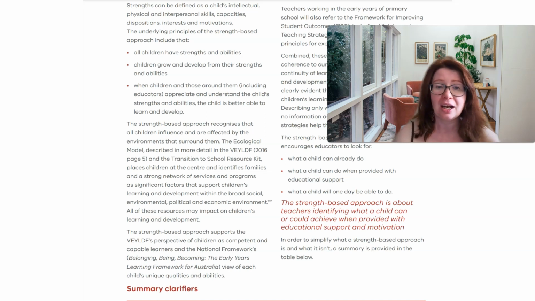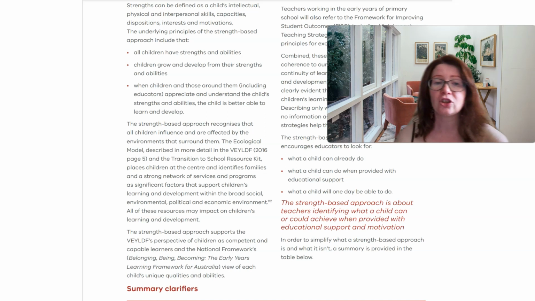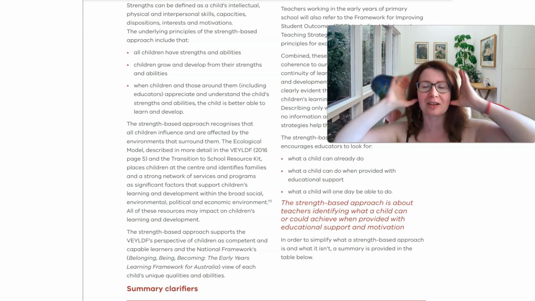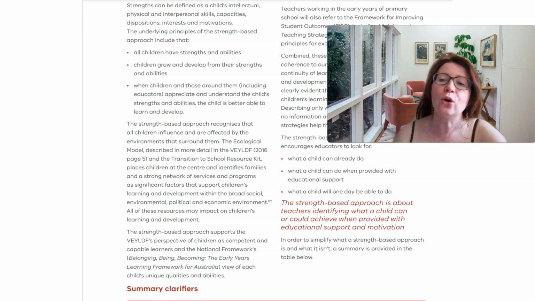When children and those around them, including educators, appreciate and understand the child's unique culture, unique strengths, and abilities, the child is better able to learn and develop. So we also can think of another theory, and that's the last bonus theory that supports the strengths-based approach, which is by Urie Bronfenbrenner, or you might know it as the ecological model.